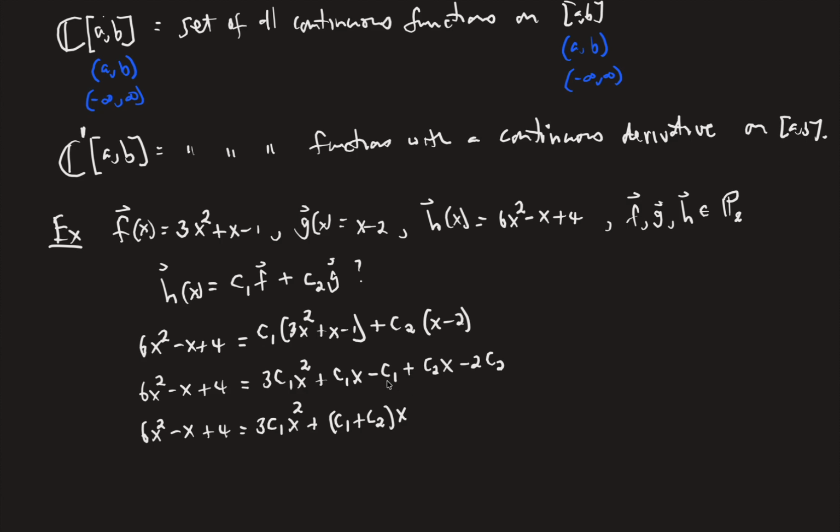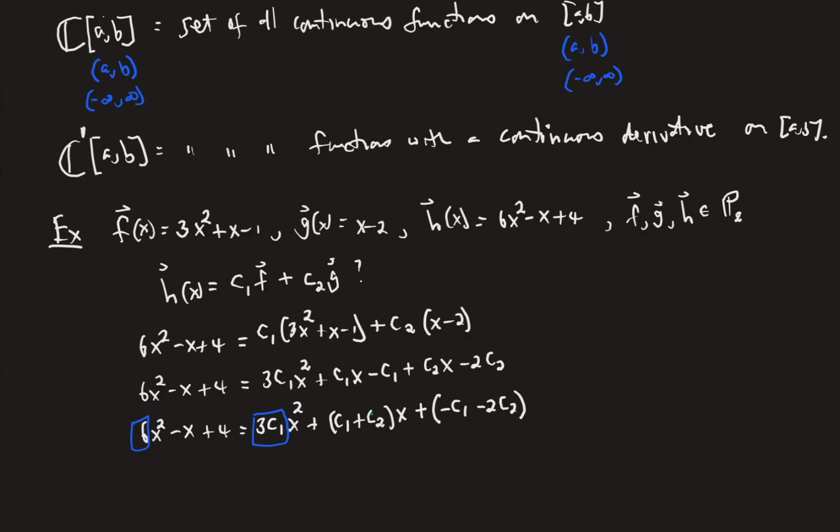And then again, we have a couple constant terms on the right. There are different ways you could write it if you want to factor out the negative. In fact, let me do it this way. I'm just going to write it with the plus sign there, and then it'll be plus the quantity negative c1 minus 2c2. All right. So if we want the linear combination on the right, this combination of these two vectors, to be equal to the vector on the left, what has to be true is that this coefficient of x squared would have to be equal to this coefficient of x squared.